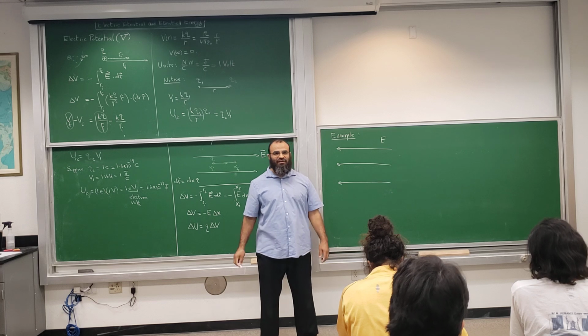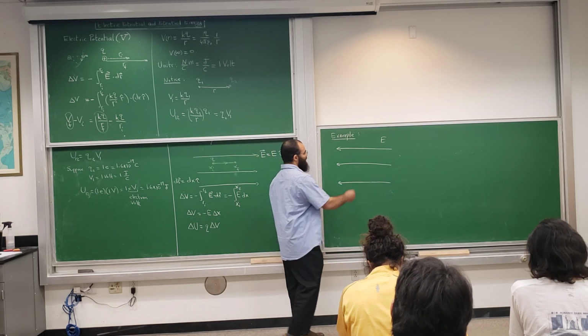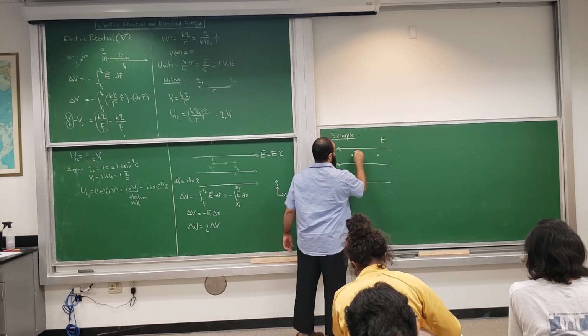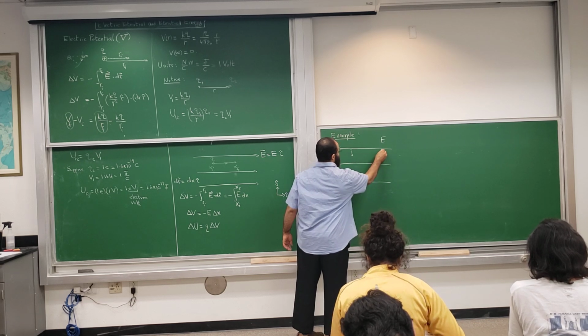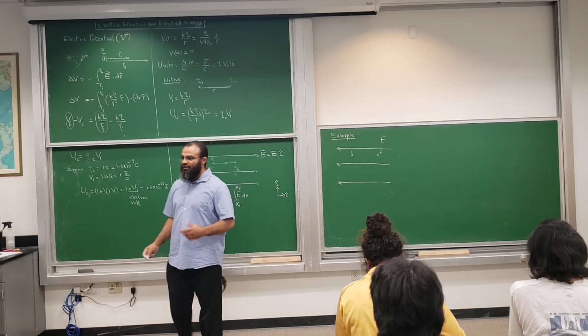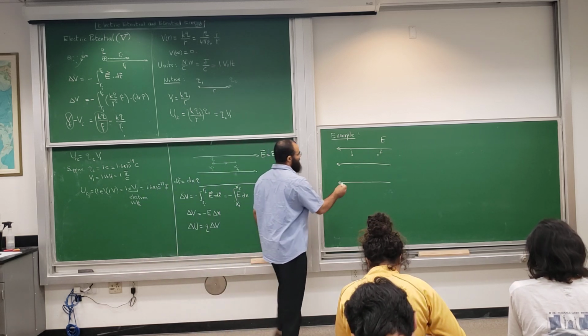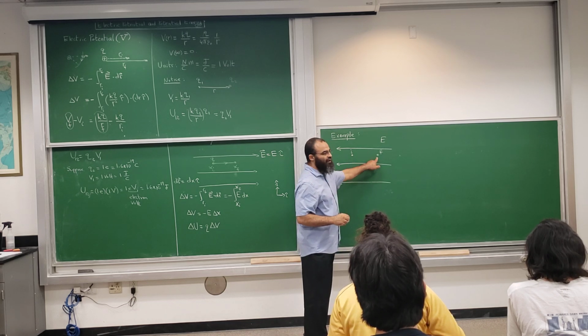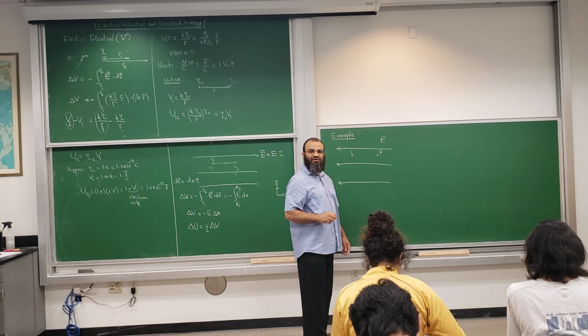The electric field is to the left. If we move this way from here to here, this is initial and this is final. Is the change going to be delta V? Is delta V going to be positive or negative, from initial to final?